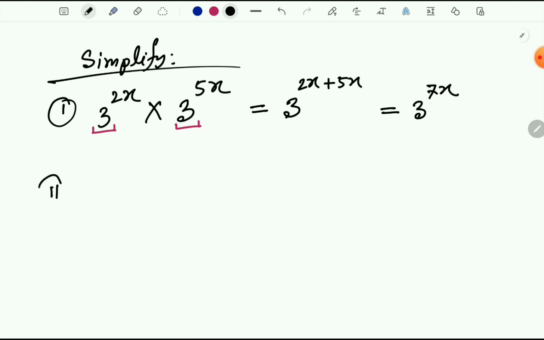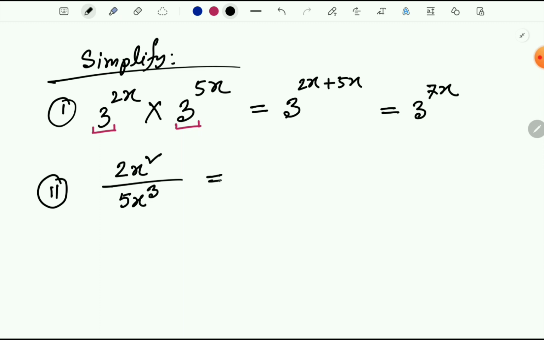Number 2: we write 3 power 2x divided by, or we can write it this way, x square, then 5x cube.